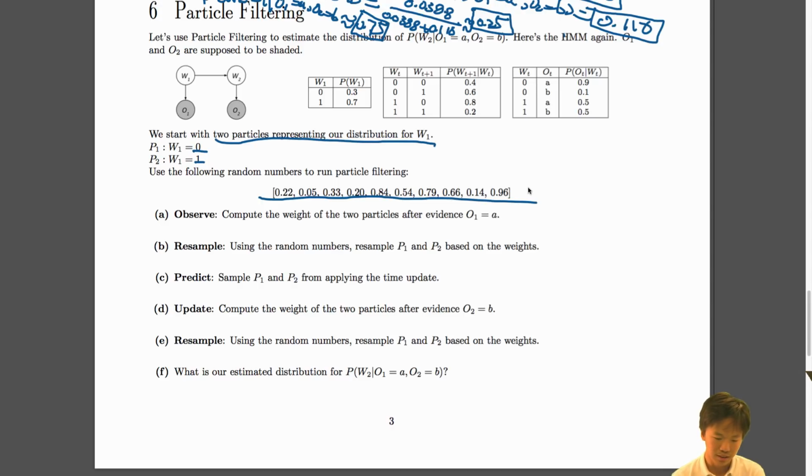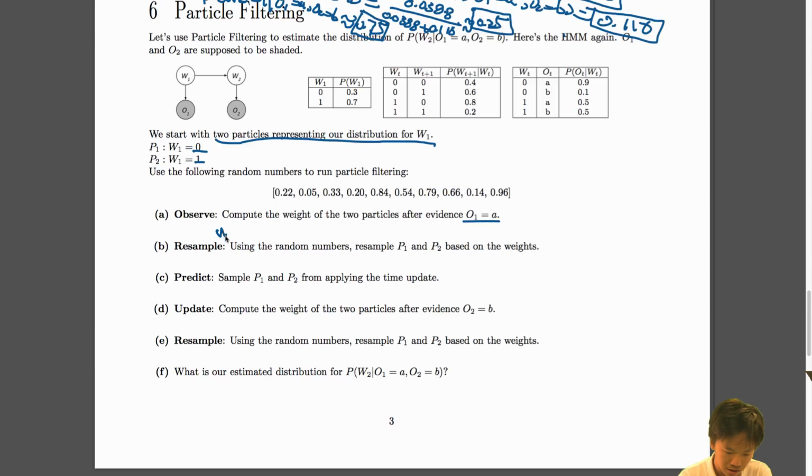So in part A, we're going to compute the weight of these two particles after we observe the evidence O1 is equal to A. That means we assume both particles are valid, but they just hold different weight according to our observation. So let's take a look at particle 1.